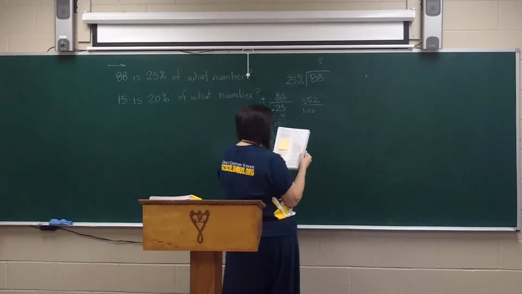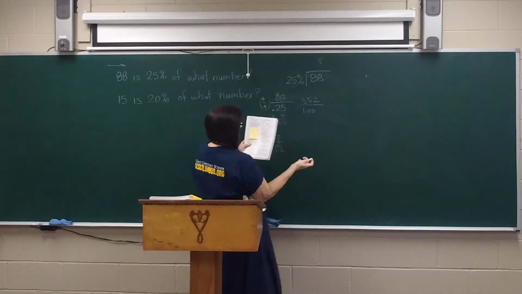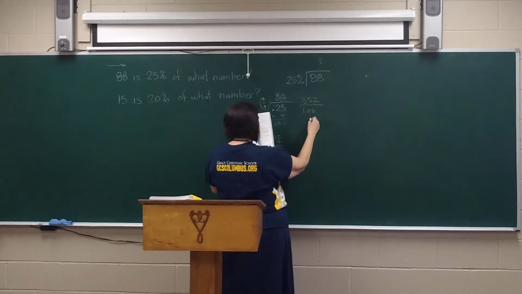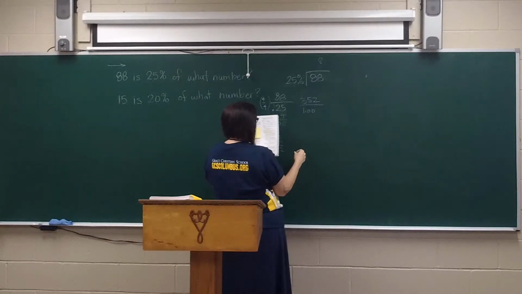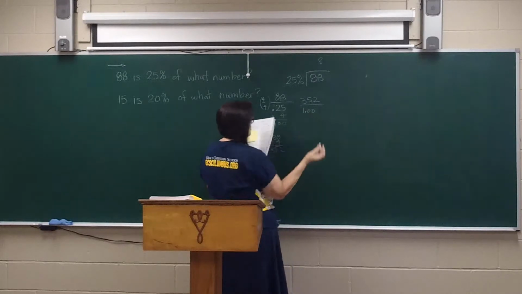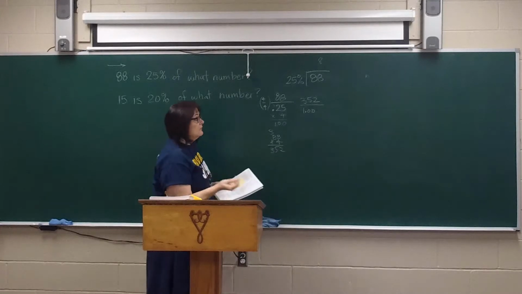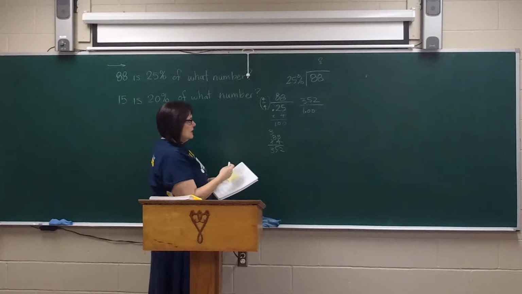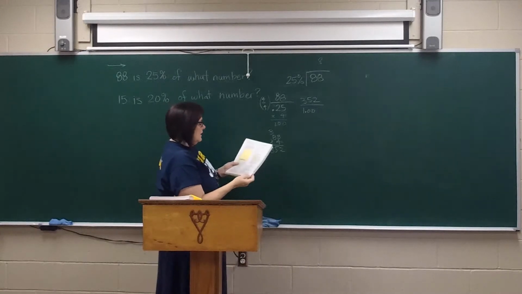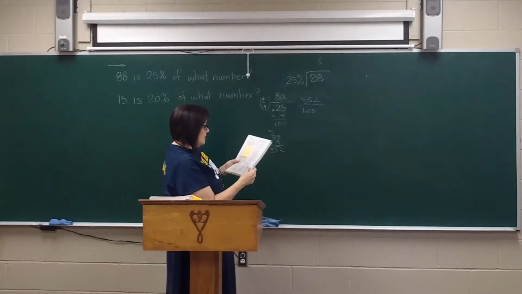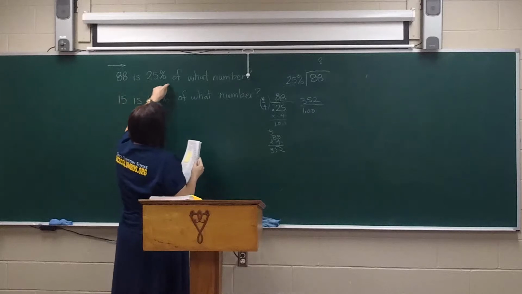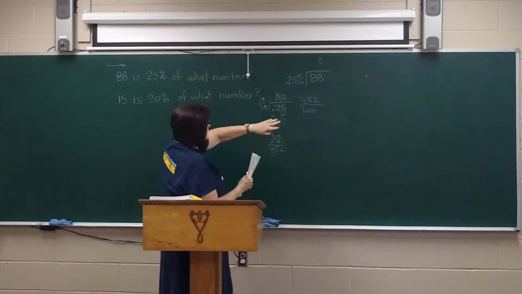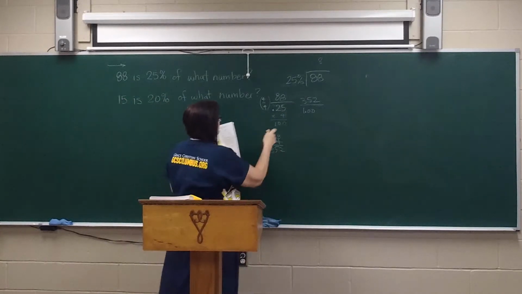We'll see how it comes out to be 352 exactly, because it's over 100, so your answer is 352. Depends on which one you think is easier for you. Long division or doing it this way, okay? So you have 100 on the bottom, so your answer is 352. So 88 is 25% of 352. That's your answer.